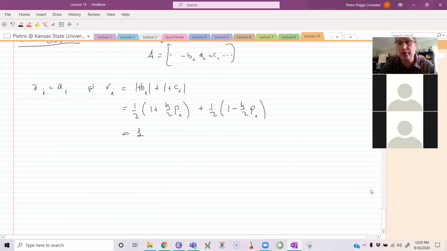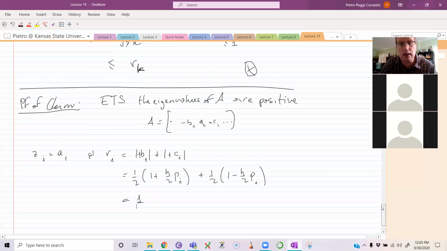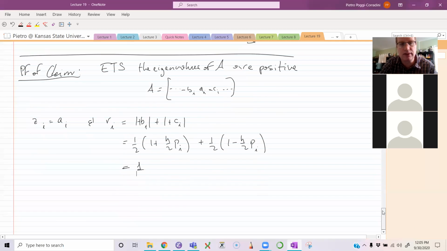And so now what do we need to check? Well, it'd be nice if this was diagonally dominant. So it'd be nice if this was less than the size of Zi. So the question mark is this, well, strictly less than Ai. Why would that be nice?